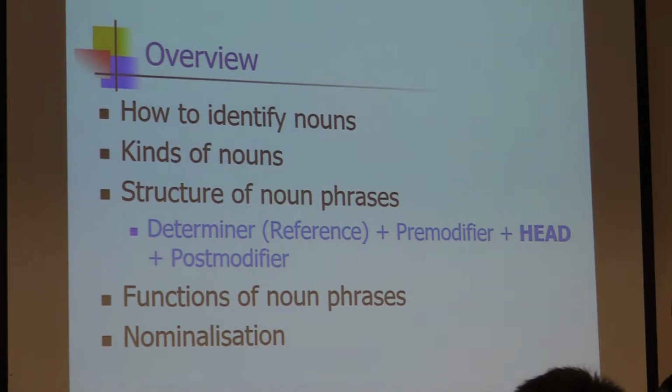And apart from these, there are also other kinds. For example, if you want to ask a question, which teacher do you like most? Which teacher? Then what is the reference? The determiner there. Which teacher do you like? This is a question, so which is not a relative pronoun in this case.